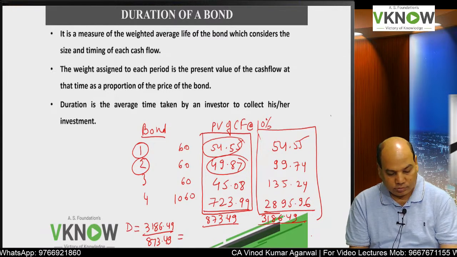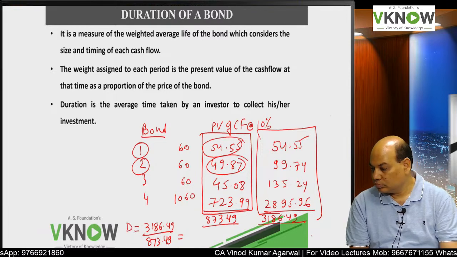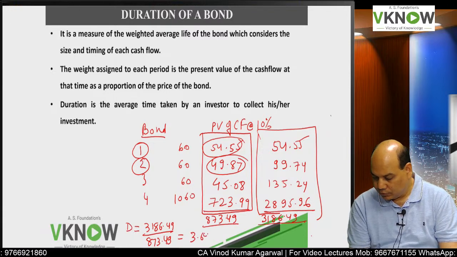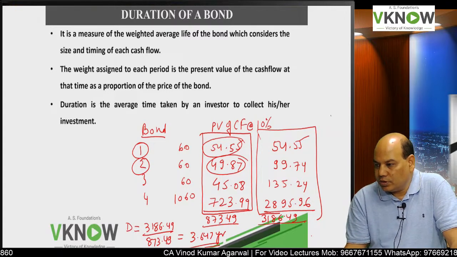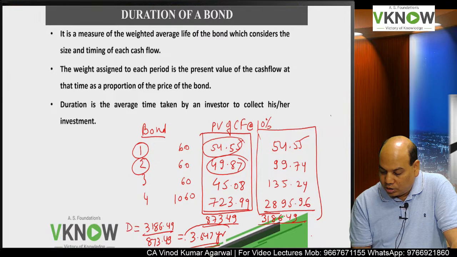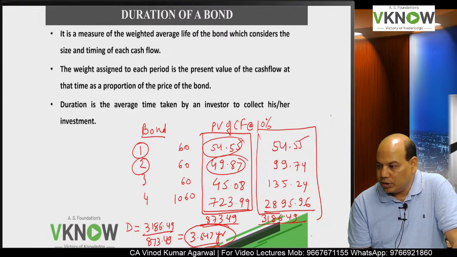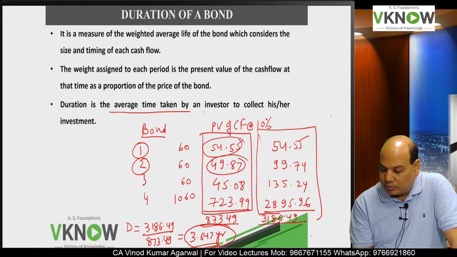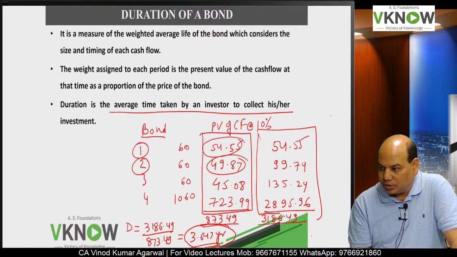Come on. 3.647 years. Okay. So this is called weighted average maturity of the bond, or average time taken by an investor to collect his or her investment.